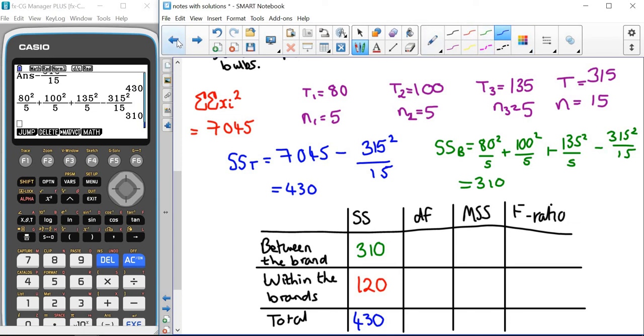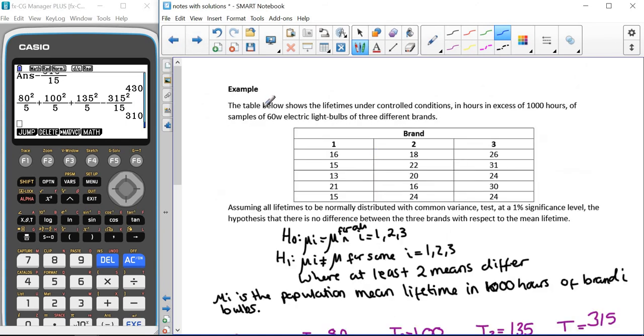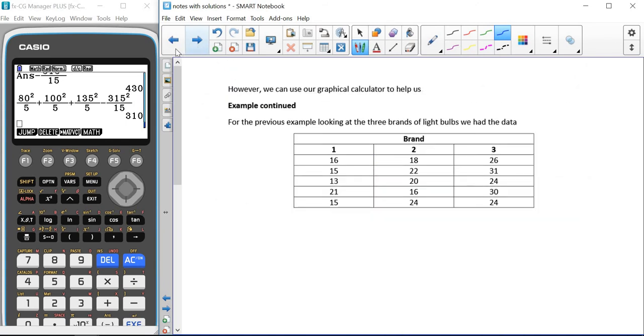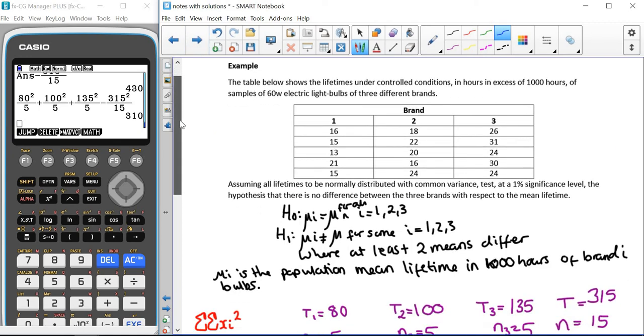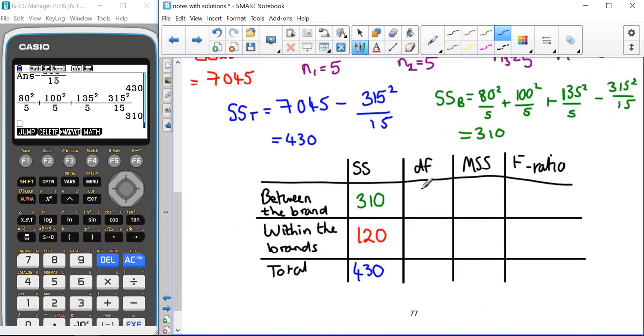Next, we have to fill in our degrees of freedom. If we have a quick look back at the table, we can see here that for between the samples, it's the number of groups that we have minus 1. So here we have 3 brands. 3 minus 1 gives us 2.